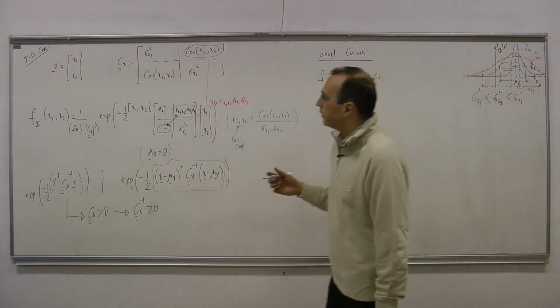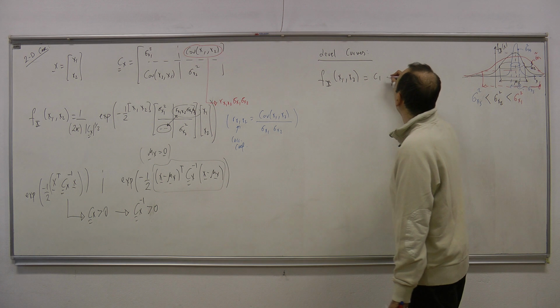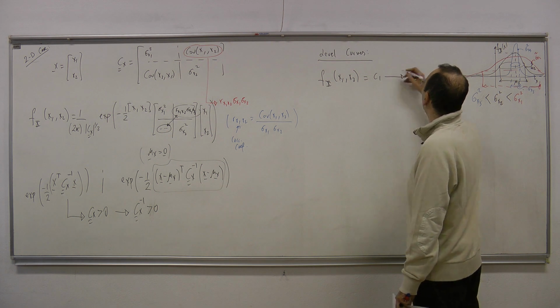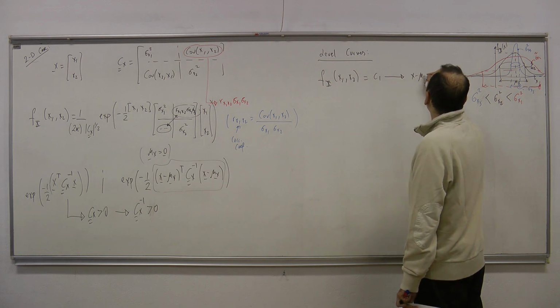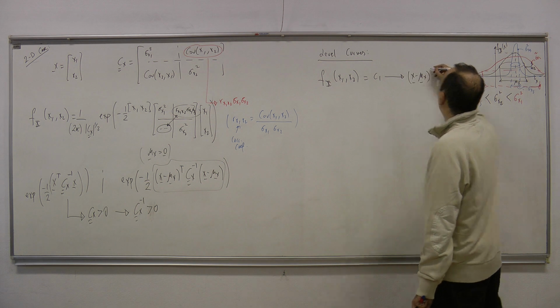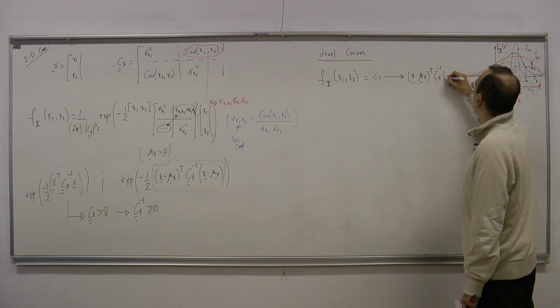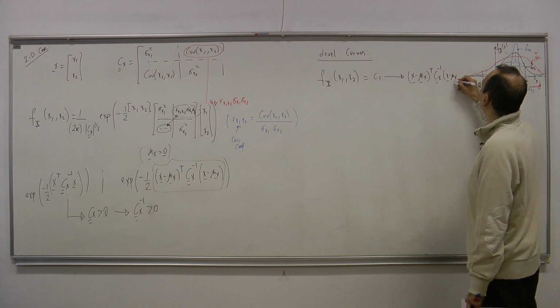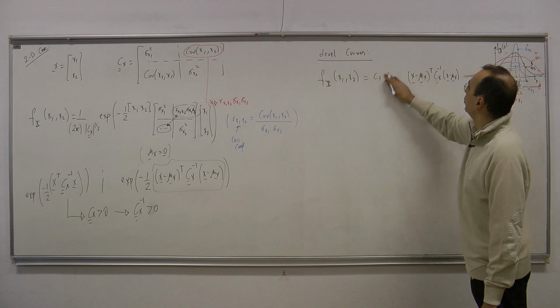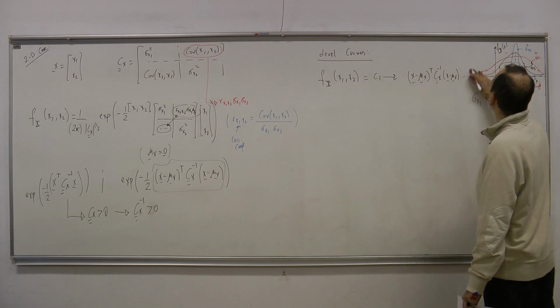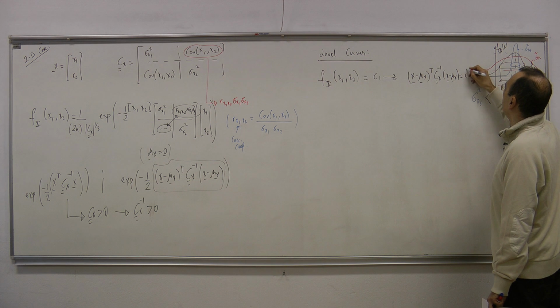Now you can immediately say that if this is equal to C1, then this quadratic term, x minus mu x transpose Cx inverse x minus mu x, should be equal to another constant, let's say d.